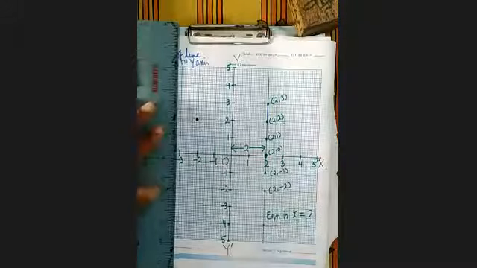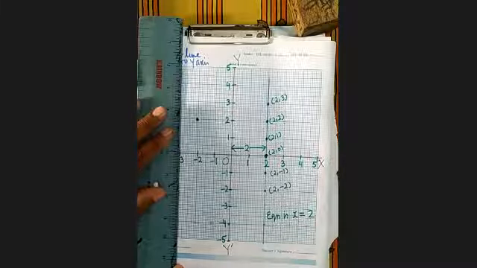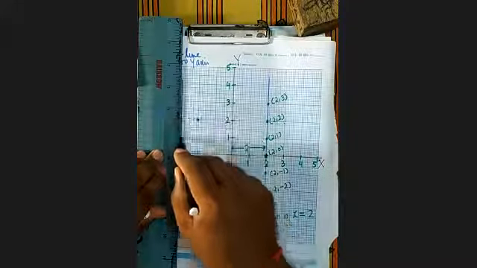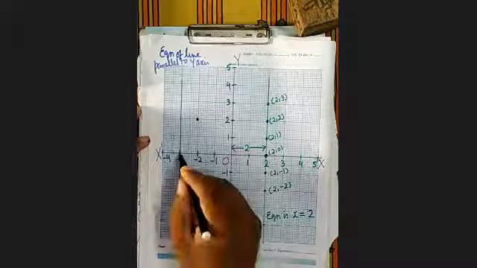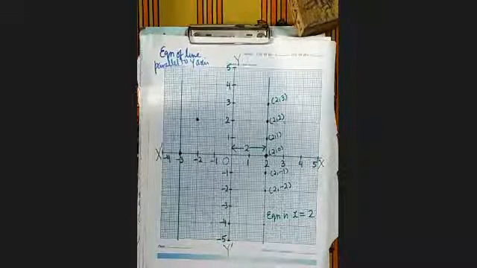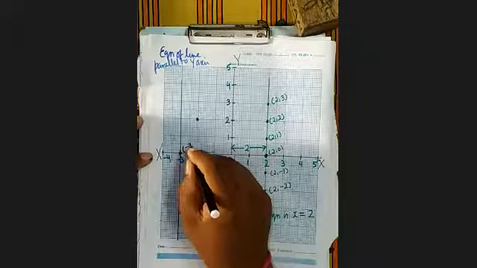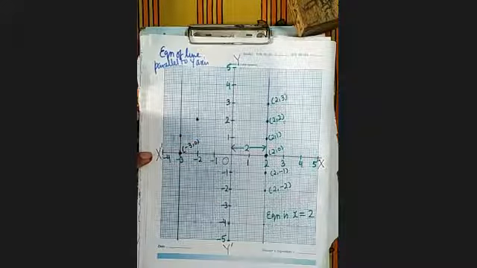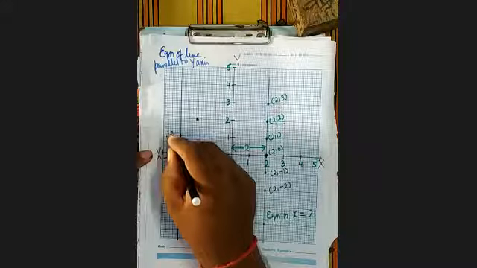Is it clear? Now you see here, if you draw this line, what is the coordinate of this point? -3, 0. The coordinate of this point: -3, 1.